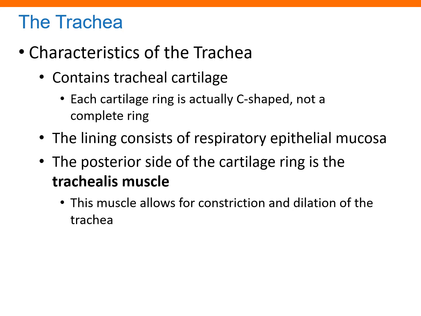The lining of the trachea is going to be composed of a respiratory epithelial mucosa, the pseudostratified that we've already talked about, and the posterior side of the cartilage ring is going to consist of the trachealis muscle. This is the muscle that will actually allow those C-shaped cartilage rings to constrict or dilate based upon the actions of the body and the necessities that it requires.